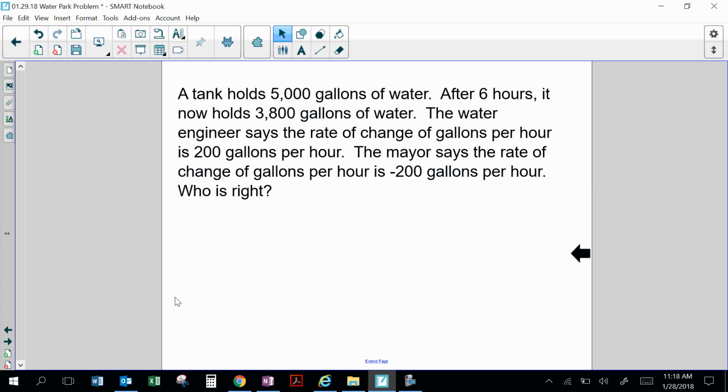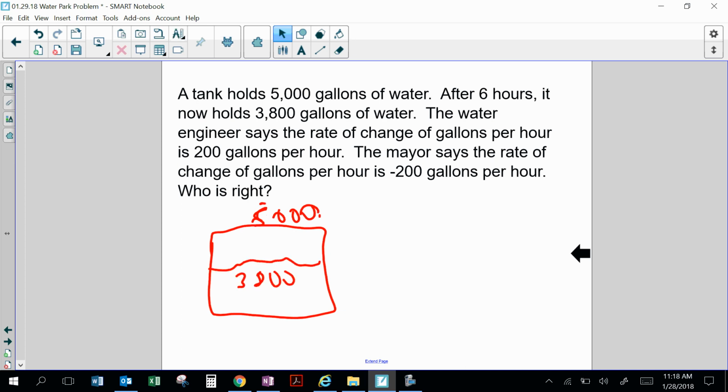All right, welcome back. So in here, let's think. Let's imagine you have a water tank. It holds 5,000 gallons of water, but now it only holds 3,800 gallons. So how many gallons of water did the city use? 5,000 minus 3,800, 0, 0.